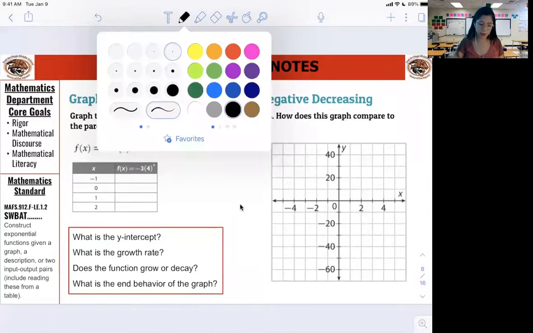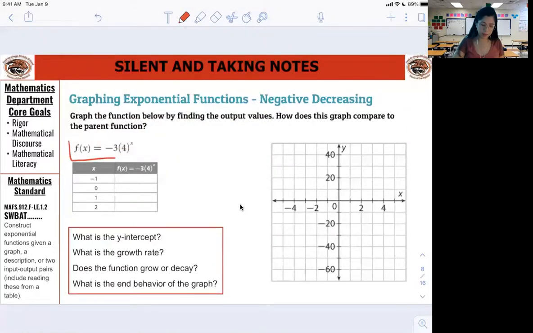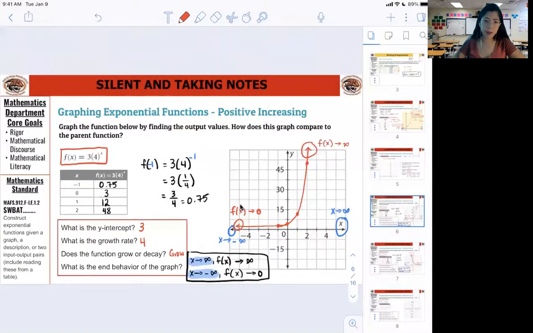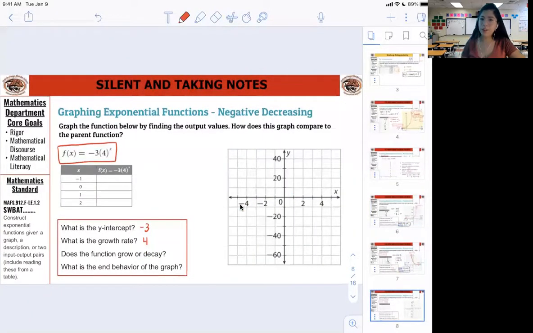This time, the y-intercept is negative. So the y-intercept is -3. The growth rate is +4. So this one's a little bit similar to example 2, where I had +3 and +4. Now I've got -3 and +4.